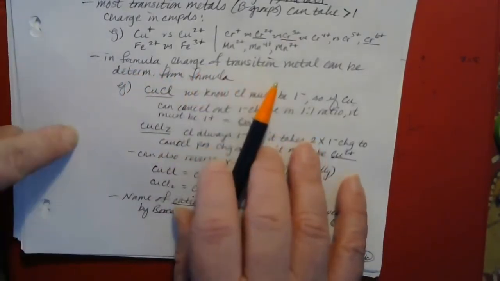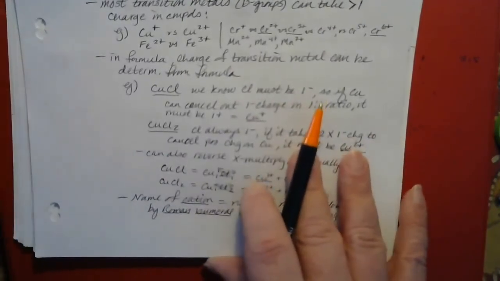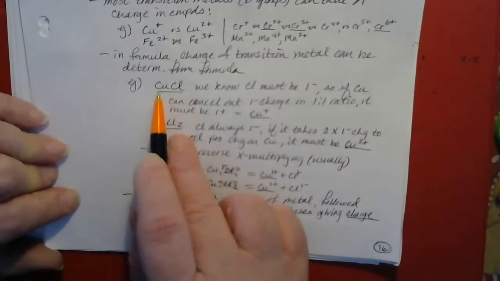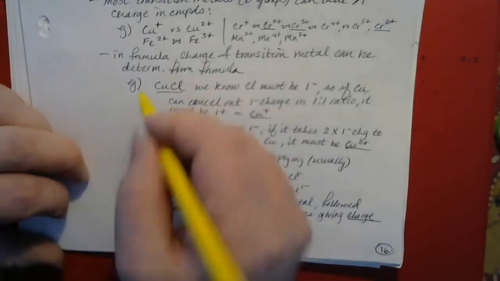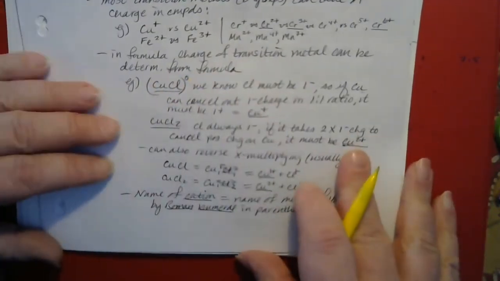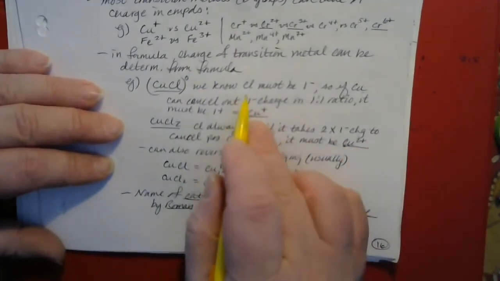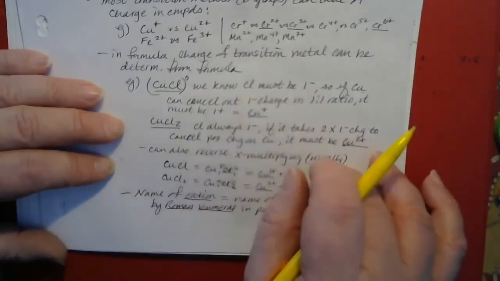First of all, before you can specify the charge, you have to find out what the charge is on the metal ion in the compound. So for instance, if you have CuCl, you start with what you know. You know, first of all, if this is the formula for a compound, it must have 0 charge overall. And we also know that chlorine ions are found in group 7A.